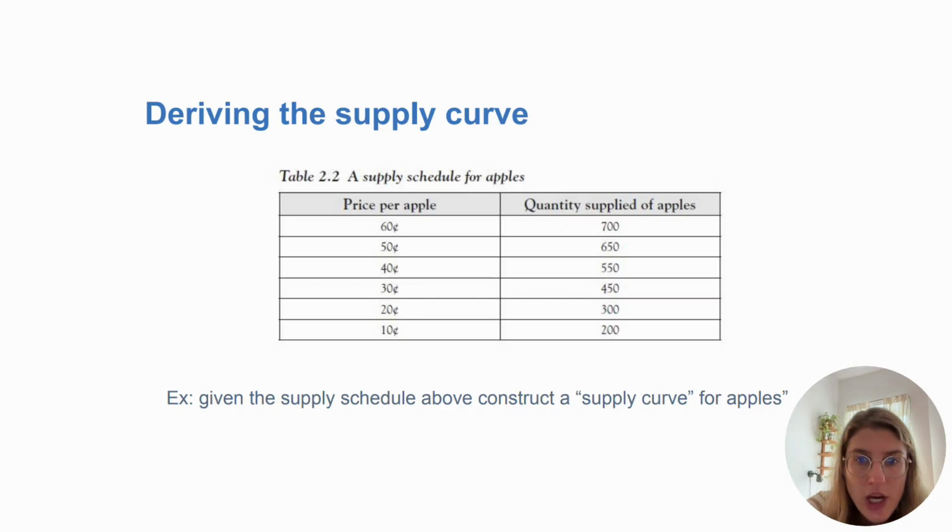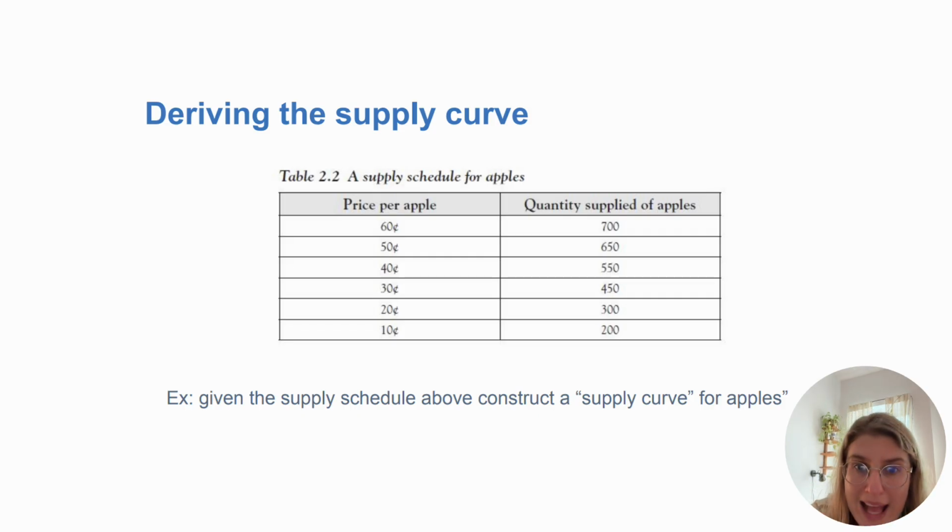So we're back to the same kind of schedule, only this time we have a supply schedule. This is showing us what happens to the supply of apples as the price per apple decreases, and it's the complete inversion of the demand schedule. Here we have our highest price of 60 cents, and the quantity of apples supplied is 700.